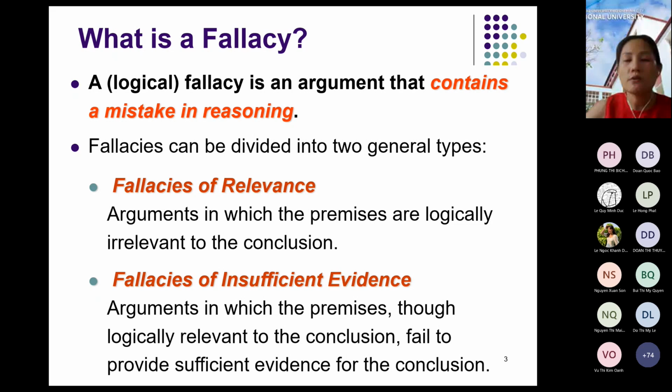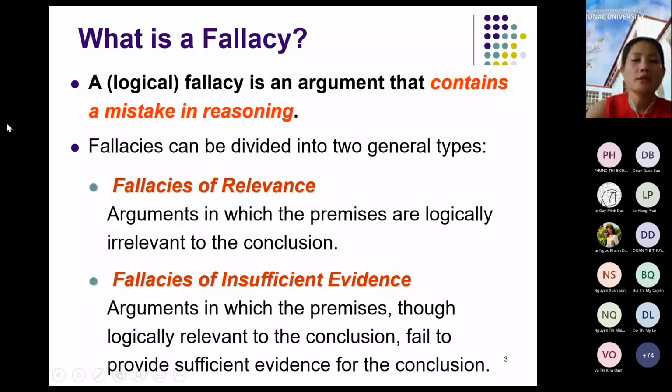The logically irrelevant ones we learned in the first group of fallacies. In this case, the premises are relevant to the conclusion, but they fail to provide sufficient evidence to support it. That forms the group of fallacies of insufficient evidence.